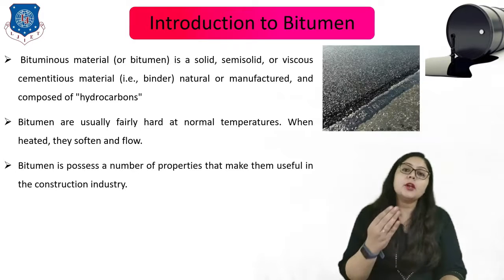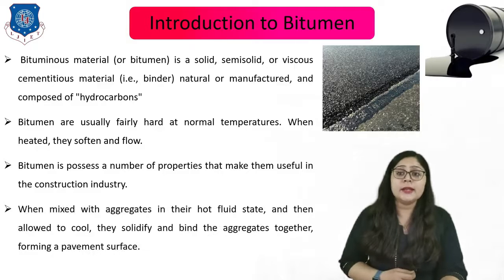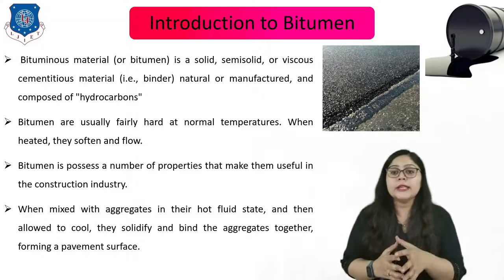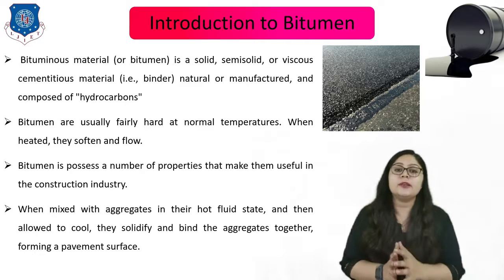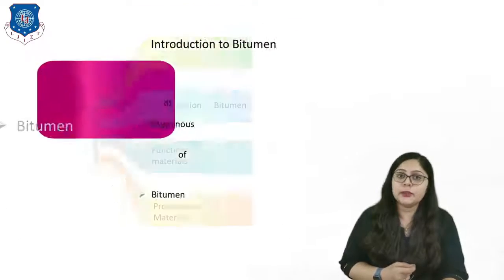Bitumen possesses a number of properties that make it useful in the construction industry. When mixed with the aggregate in their hot fluid state and then allowed to cool, they solidify and bind the aggregates together, forming a pavement surface as shown in this figure, right? So that's all for the bitumen.